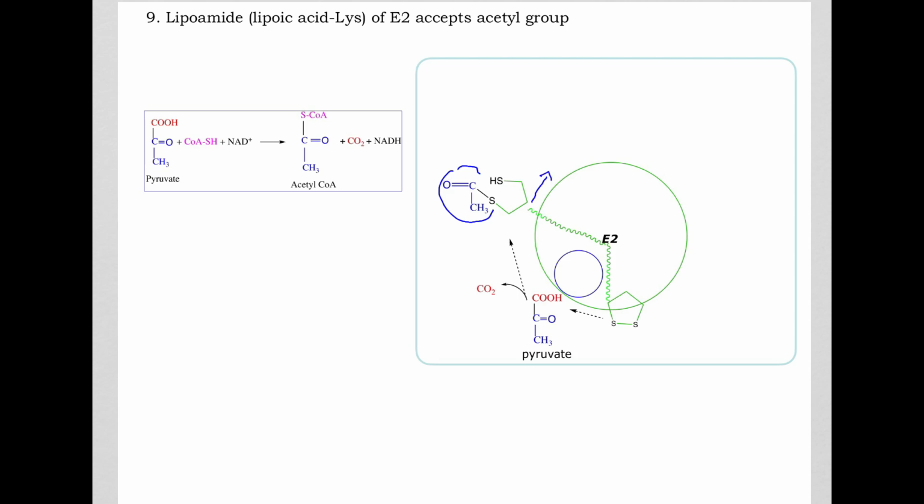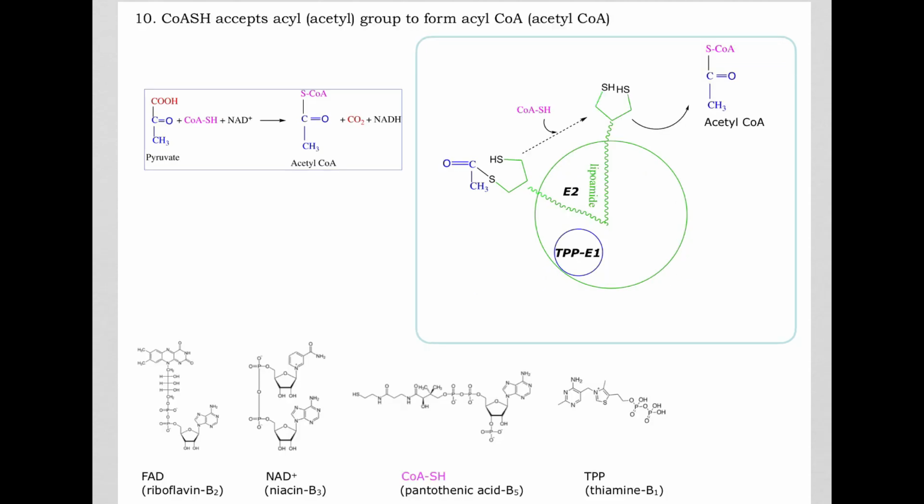Now the arm will keep on moving, and in the next step, the acetyl group will be transferred to the coenzyme A, and this will form acetyl coenzyme A. You can see the acetyl group here now is part of coenzyme A, and that will give us acetyl-CoA.